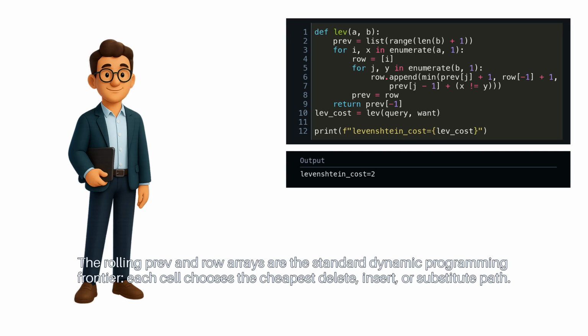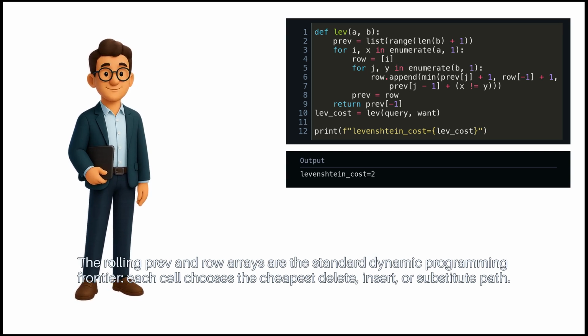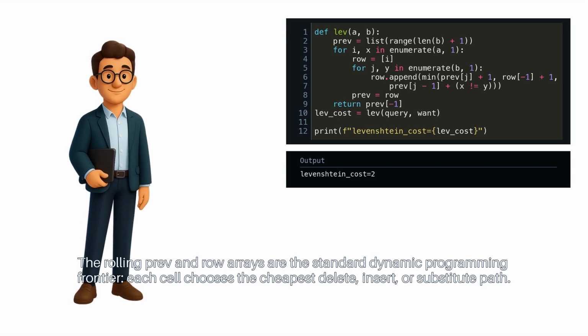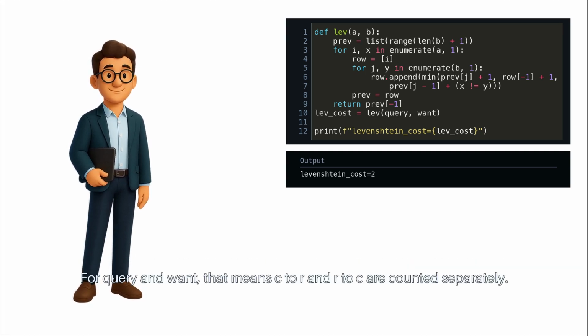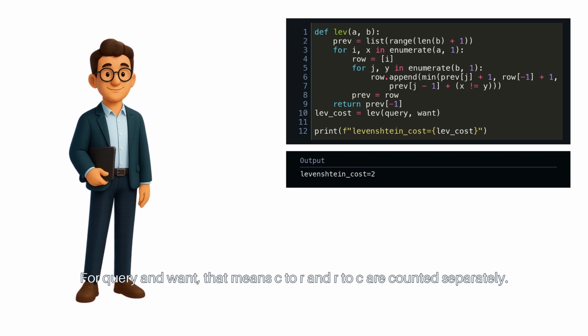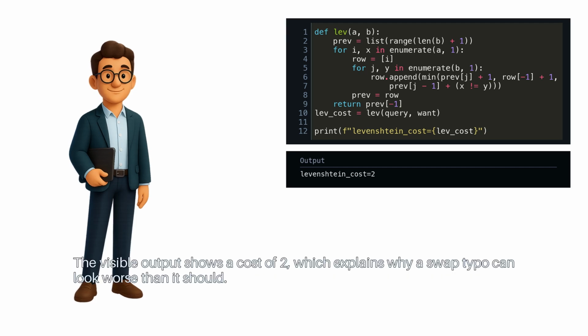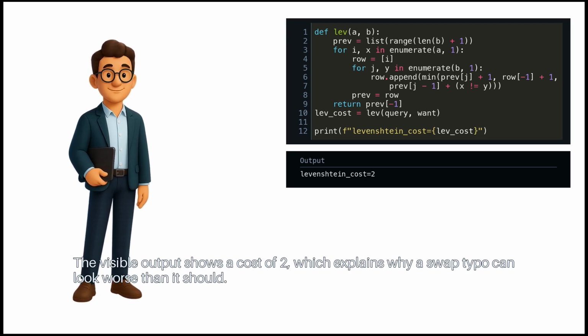The rolling prev and row arrays are the standard dynamic programming frontier. Each cell chooses the cheapest delete, insert, or substitute path. For query and want, that means C to R and R to C are counted separately. The visible output shows a cost of 2, which explains why a swap typo can look worse than it should.